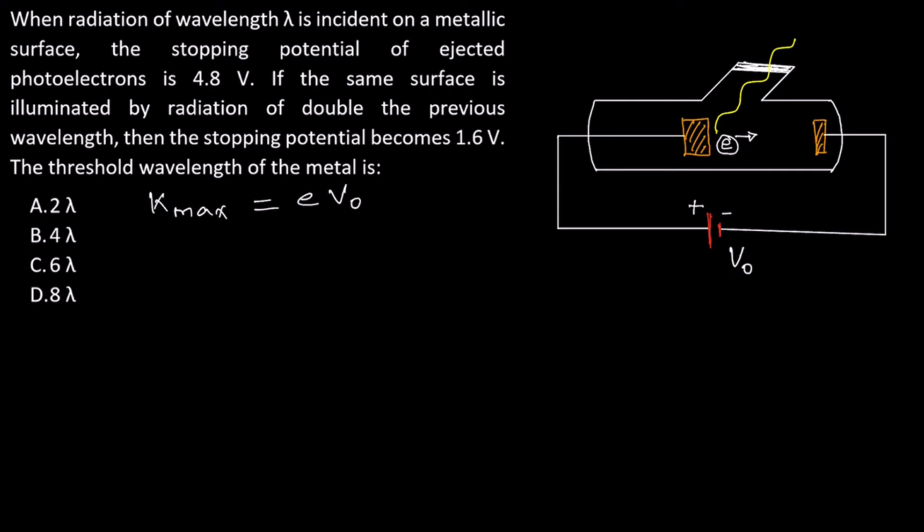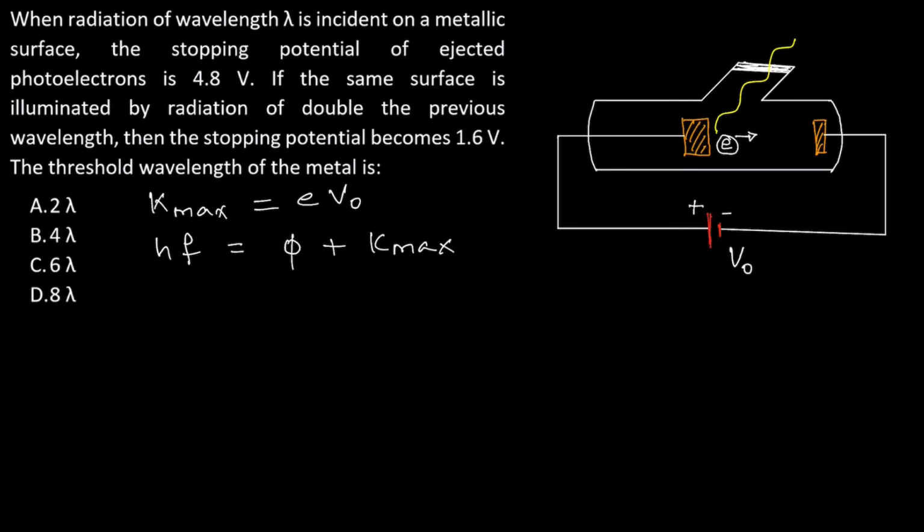Now let us use this in the photoelectric effect equation. h into f is the energy of the photon. Some of this energy is utilized by the electron to overcome the collisions inside the metal. That is why we have that work function, the minimum energy requirement, plus K max.